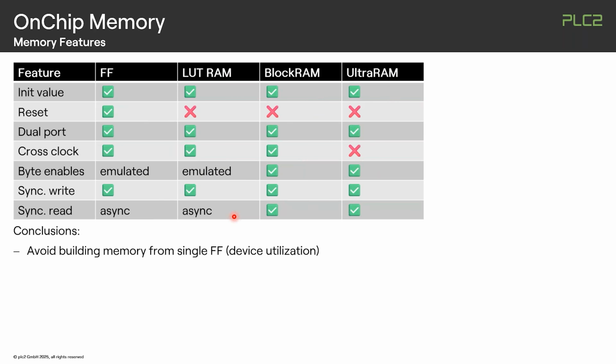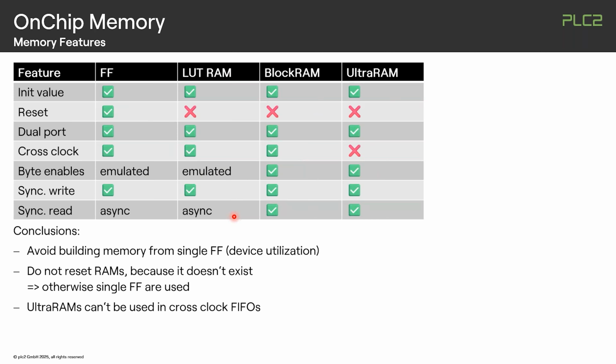Summarizing all this means we need to avoid memory implementations made of single flip-flops because it's just too much device utilization if everything is done by single flip-flops. This also means do not connect any reset to your memories, to your RAMs themselves. Otherwise, it's forcing synthesis to use single flip-flops. And with URAMs, we cannot use them for cross-clock FIFOs.